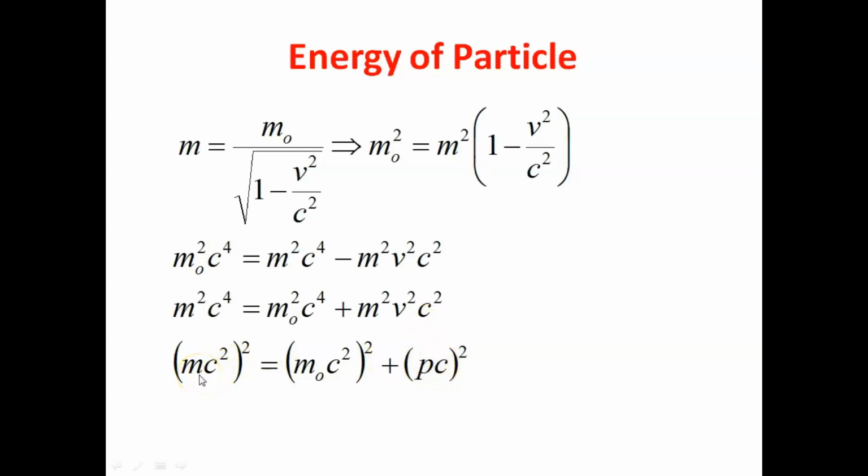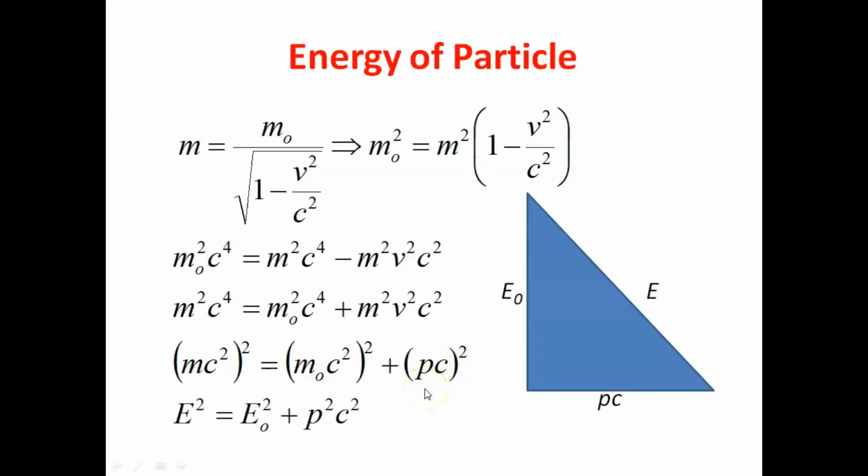So (m c square) whole square is equal to (m0 c square) whole square plus (p into c) whole square. So this is one important equation in relativity, wherein we are replacing mc square by energy, the famous Einstein equation E equal to mc square. On the right hand side, m0 c square is the rest energy, that is E0 square plus p square c square.